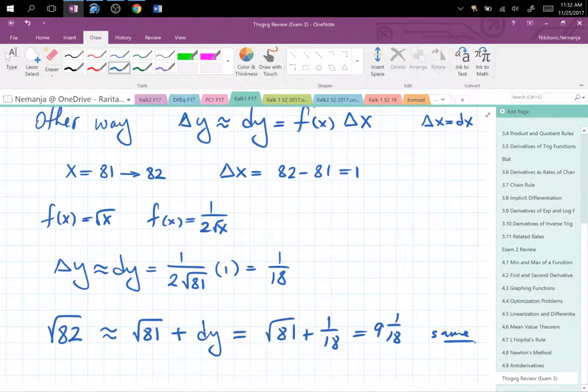So the differential approximates the change in the y value of the function, and we use that dy change to fix the calculation so that we can have a good approximation for square root of 82. Good?